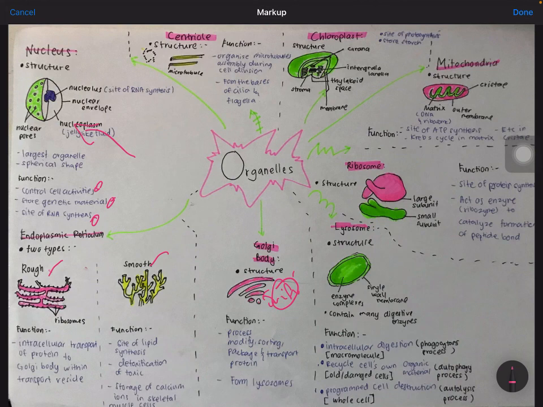Speaking of lysosome, this is the structure of the lysosome, which contains a single membrane wall, and inside there are enzyme complexes, which contain many digestive enzymes.